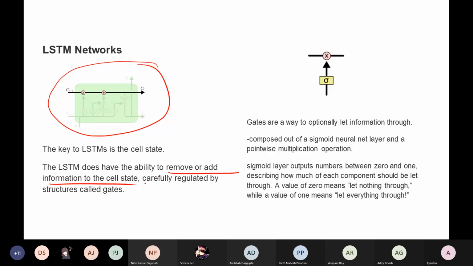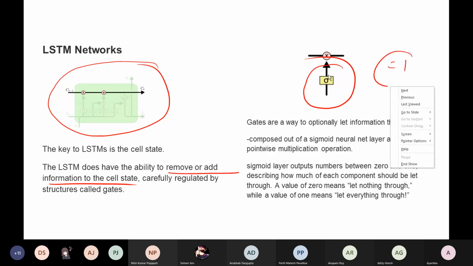When we talk about removing or adding information, we have to do it with an activation function, and that's why the sigmoid activation function is very effective. We know the sigmoid gives an output of 0 or 1.